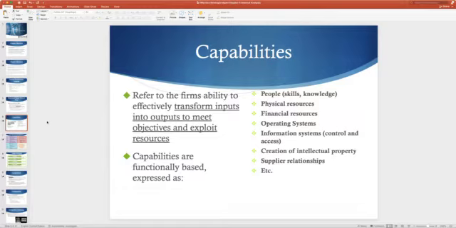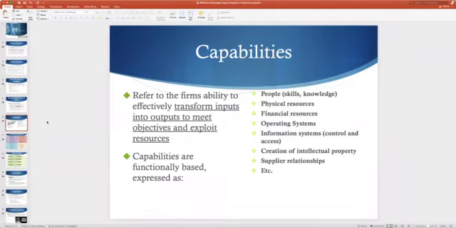They are functionally based. Things like people, the skills and knowledge that those people have. Physical resources, plants, machinery, equipment, computer systems, those things.